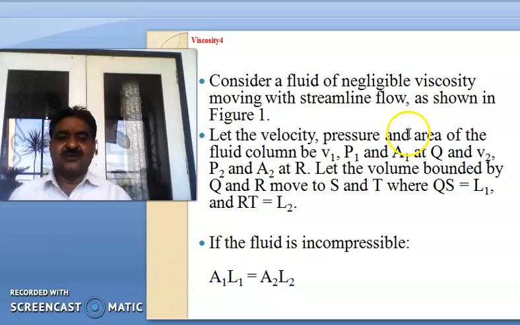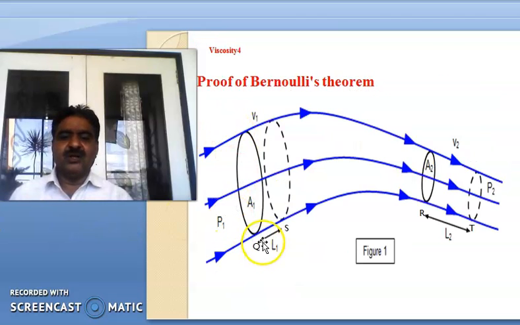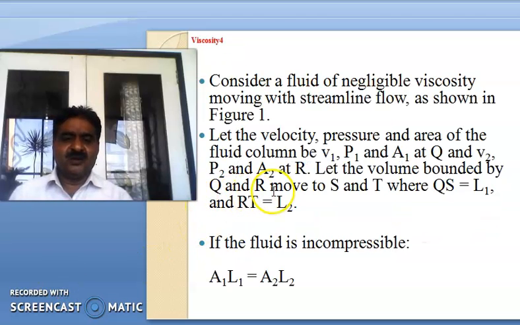Let the velocity, pressure and area of the fluid be V1, P1 and A1 at point Q. In the same way, the velocity, pressure and area at R are V2, P2 and A2 respectively.